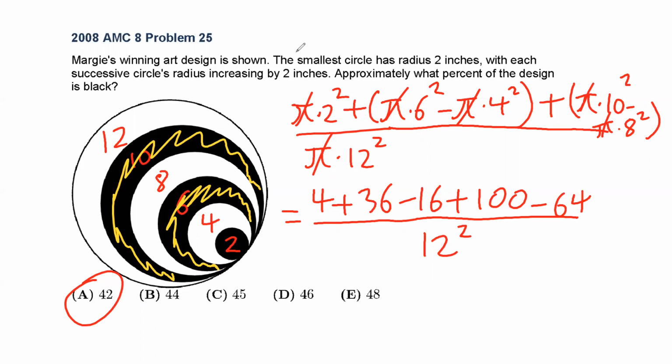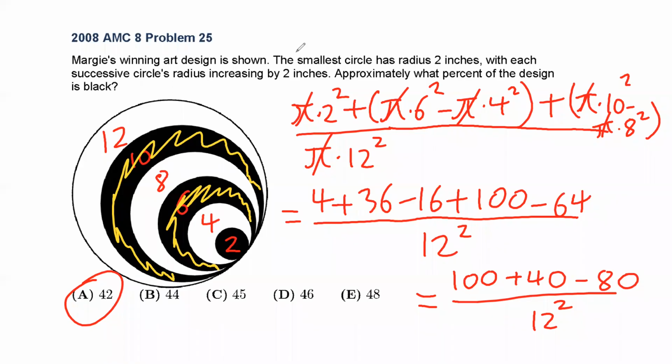If we start pairing things up, we'll get 100 plus 40 minus 80 over 12 squared. So 100 plus 40 minus 80 is 60. And 60 over 12 squared, which is 144.